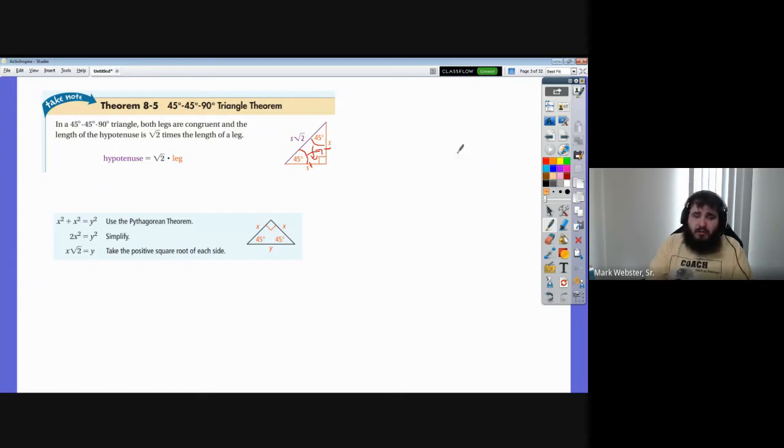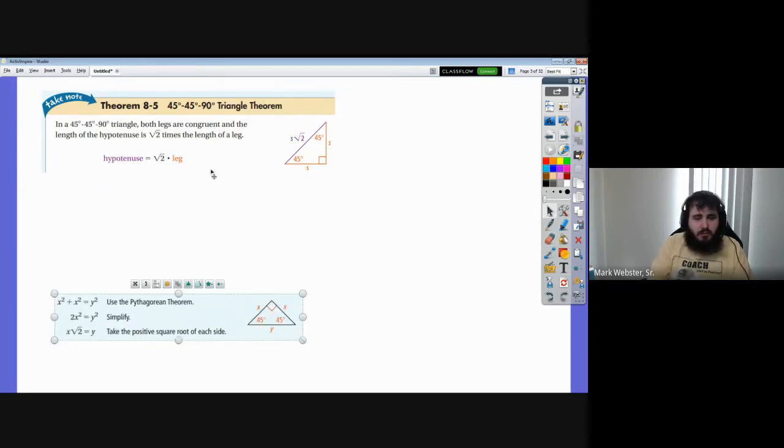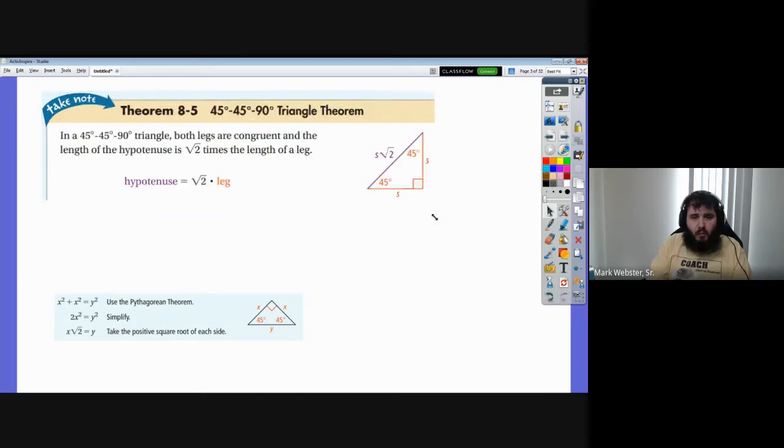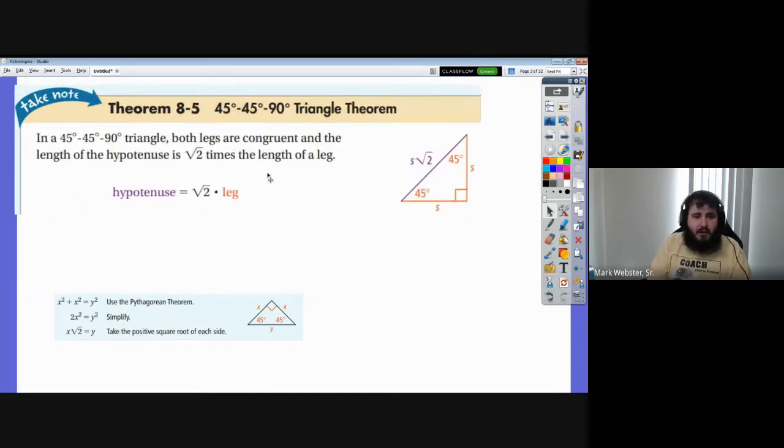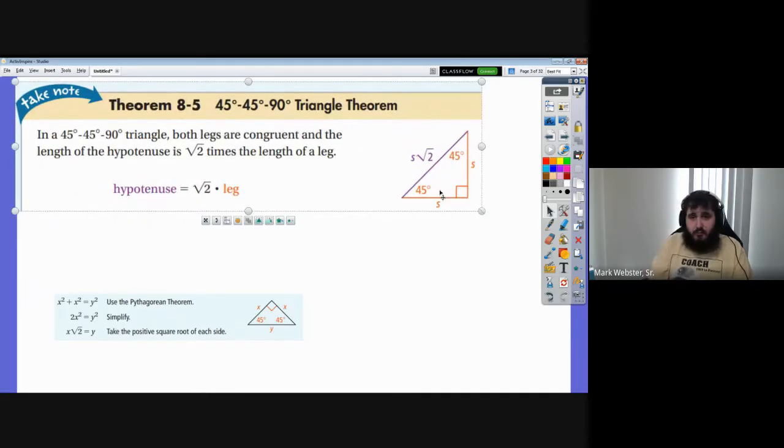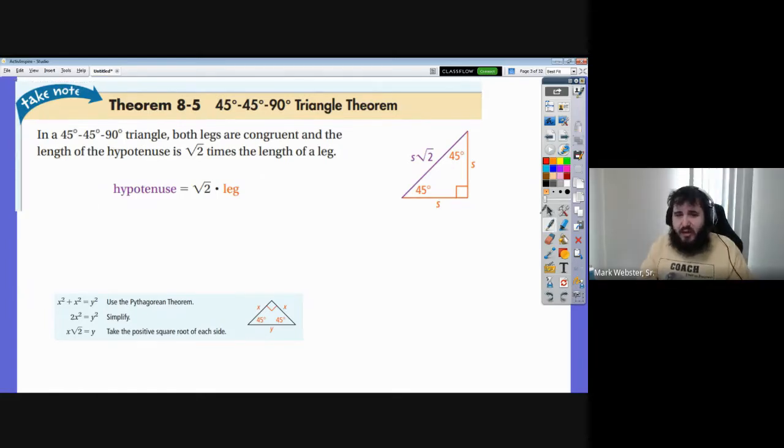So here's the thing. When we're working with a 45-45-90 triangle, we're going to have the ability to say to ourselves, well, I know one side, I can just multiply or divide by the same thing each time to get the other side.